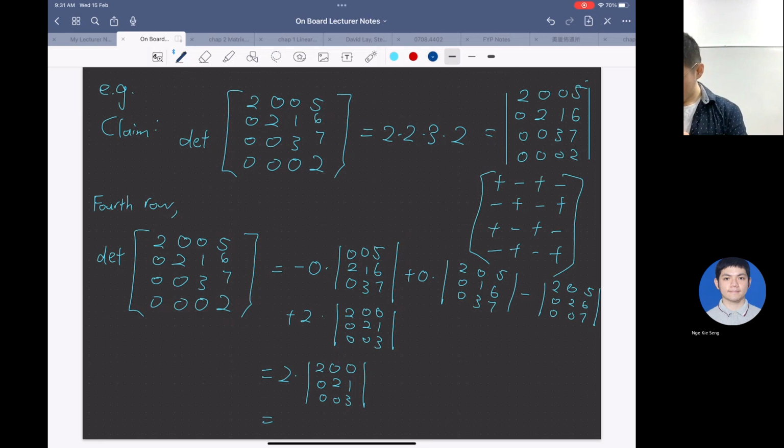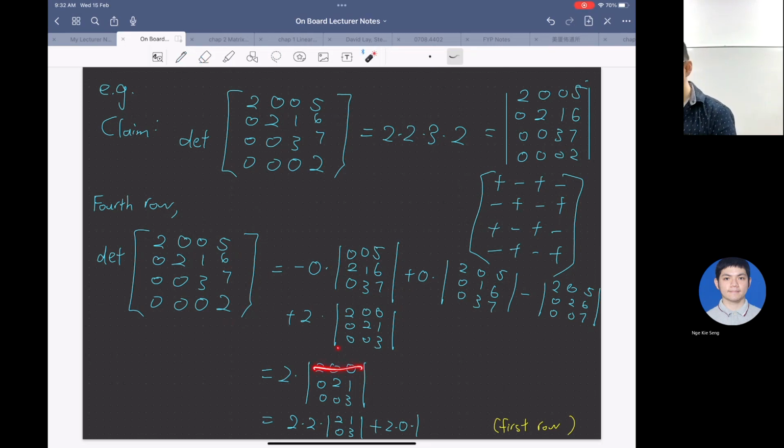First row, let me write in another form first. With the first row you get 2 times 2 times 2 and then times the minor you get after removing the first row and first column. And then what about the rest of the first row? You get 0. You get 2 times 0 times the minor.